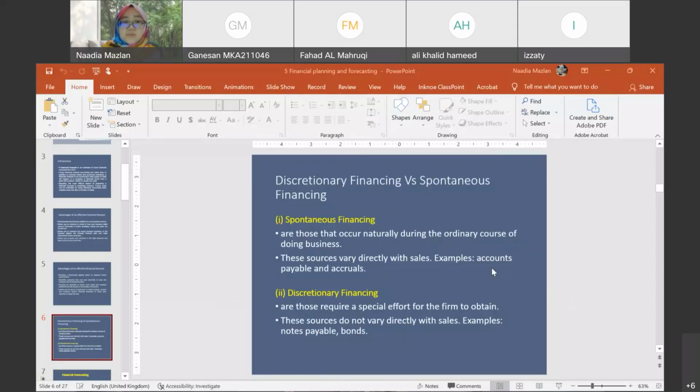So spontaneous are those that occur naturally during the ordinary course of doing business, and discretionary are those that require a special effort for the firm to obtain.